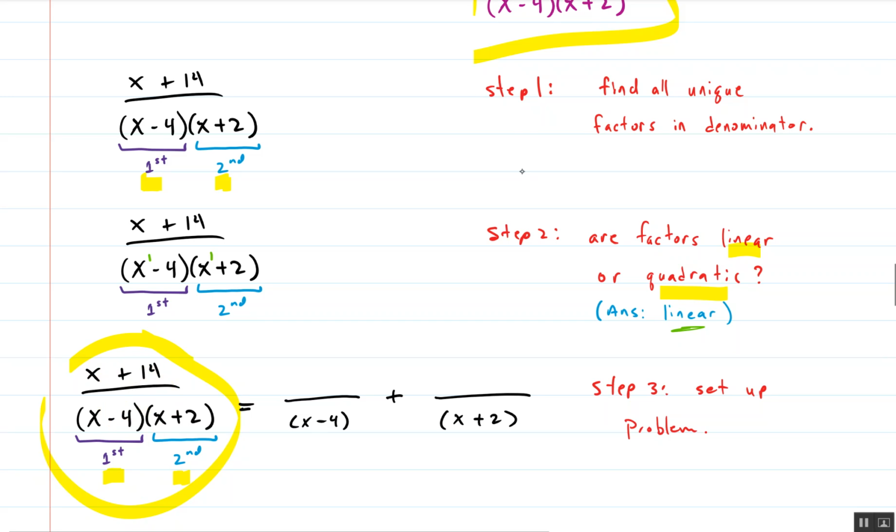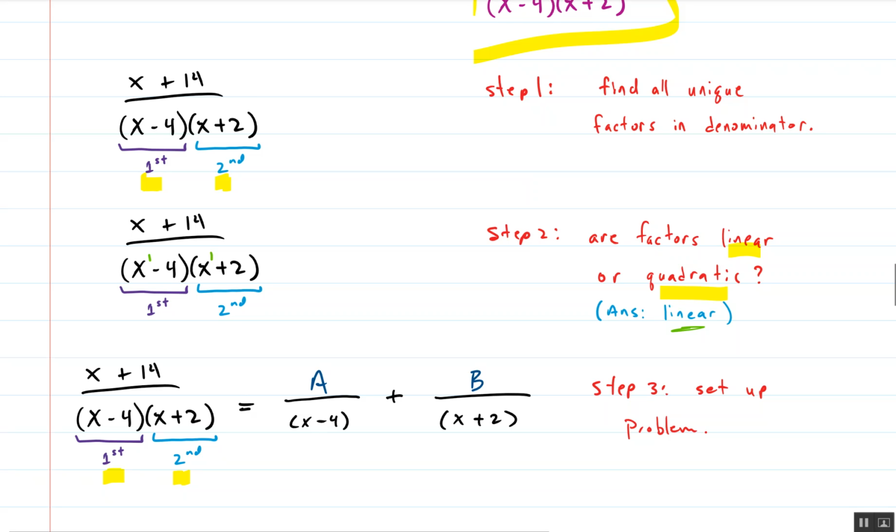So because we have 2 linear factors, we're going to assume that this left-hand side splits into 2 different fractions. We don't know what the numbers are that go up top here yet. So we're just going to represent those numbers by A and B. You can do X, Y, you can do X1, X2, you can do whatever you want.